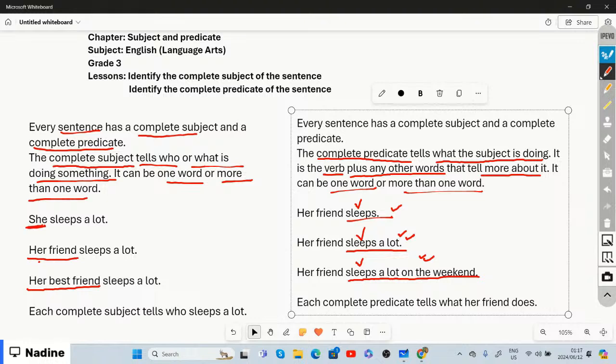And with a completed predicate, it is the verb plus any other words that tell us more about the action that is being done. And it can also be only one word or more than one word.